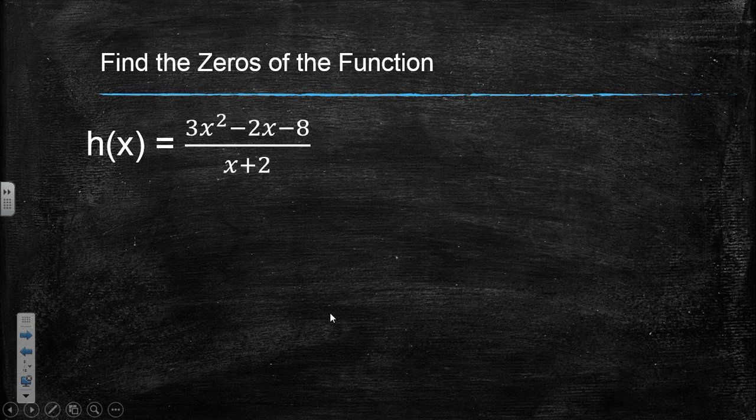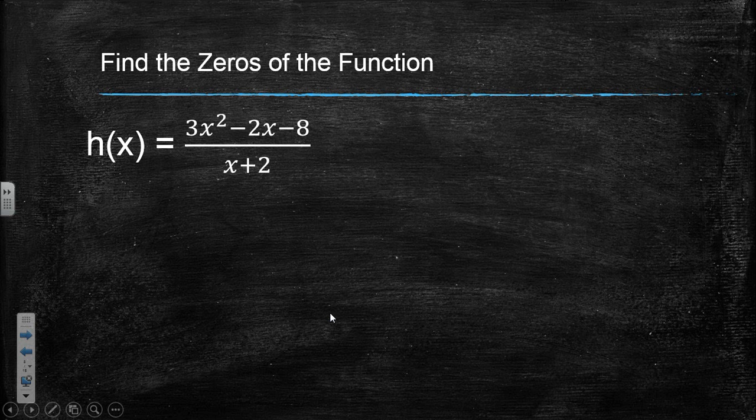So 3x squared minus 2x minus 8 over the quantity x plus 2. Let's see if it simplifies. I'd like to get rid of that x plus 2. Maybe it's something nice that will simplify.